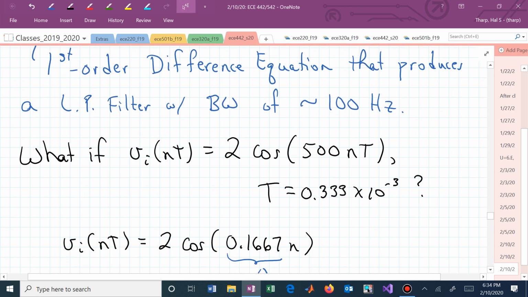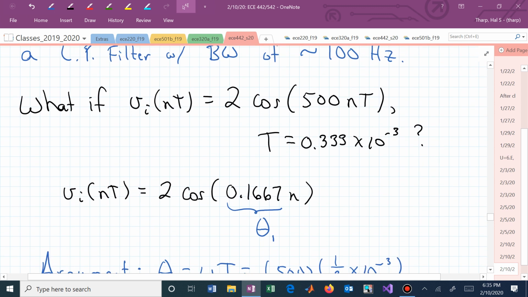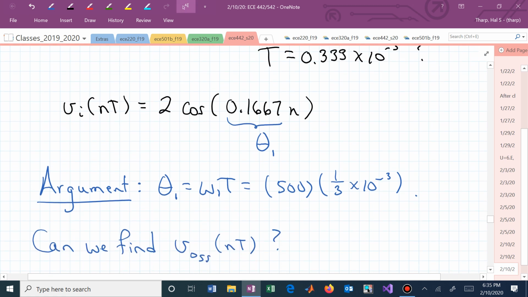If our input was 2 cosine of 500 nT, and T is now the 0.333 times 10 to the minus 3, then we do 500 times that T, and we end up with 0.1667 radians per sample. That's theta 1, where our argument theta 1 was omega 1 capital T. Can we find the sinusoidal steady state?